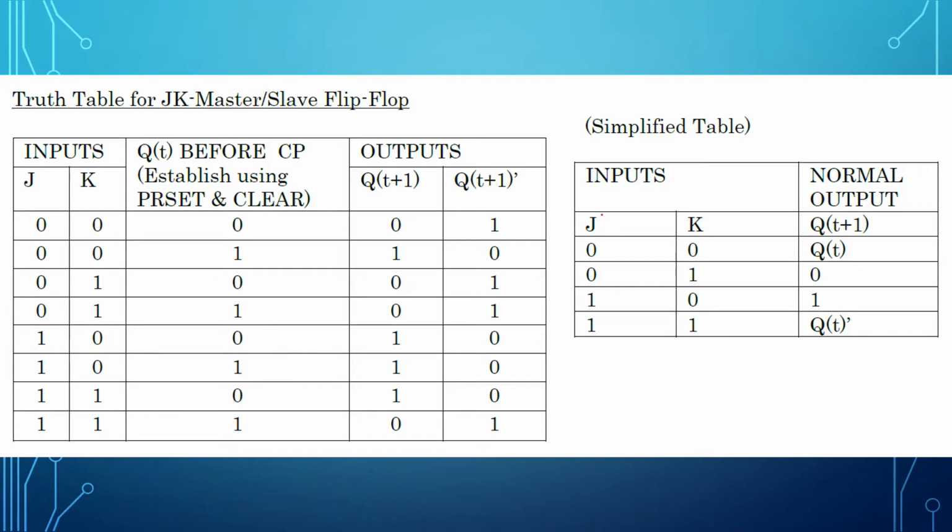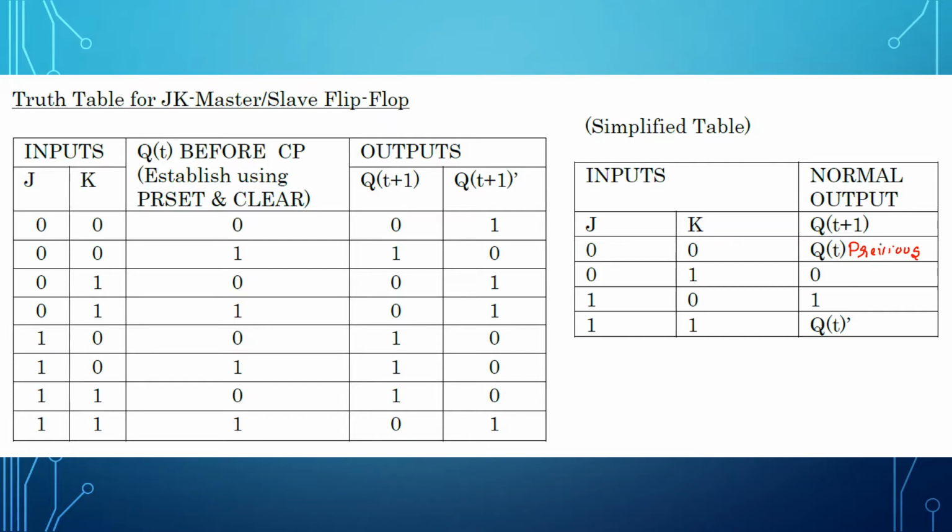Let's get to the simplified truth table. J and K are the inputs and this is your output. Q(t+1) means the next state. When both inputs are 0 and 0, the output is Q(t), which means the previous state. So when you give no inputs to the flip-flop, both J and K being 0 and 0, and you give the clock input, your flip-flop output is going to exhibit the previous state.